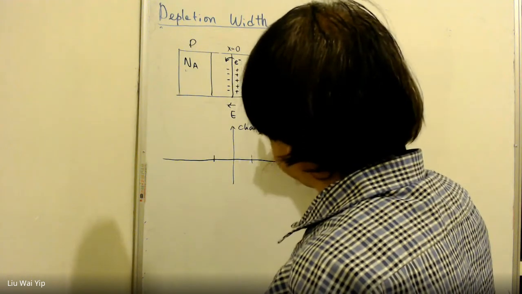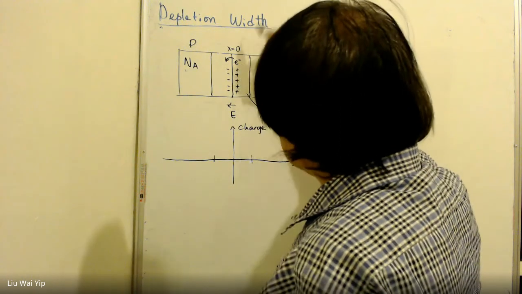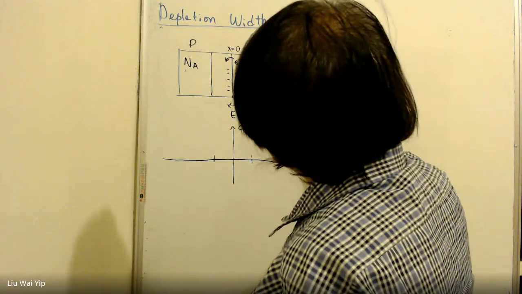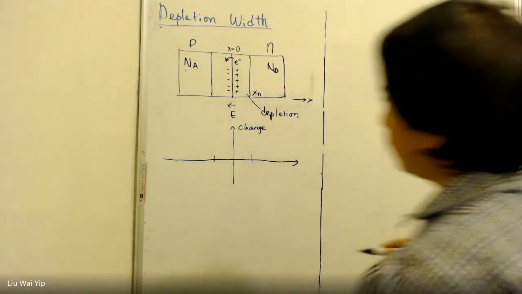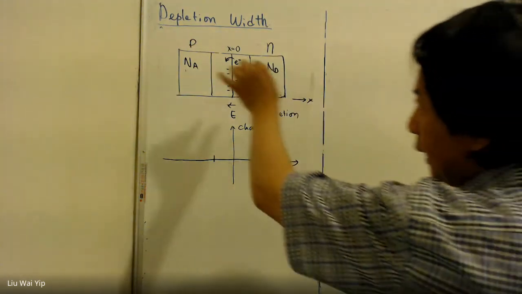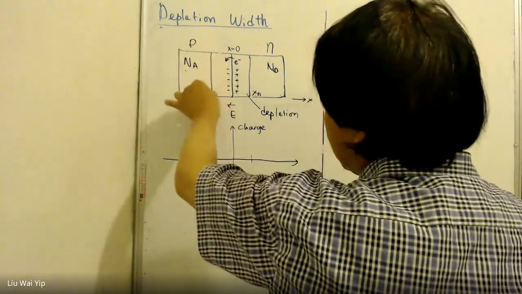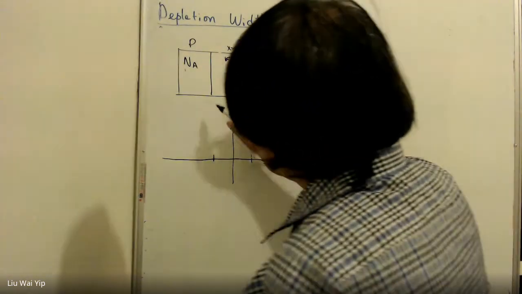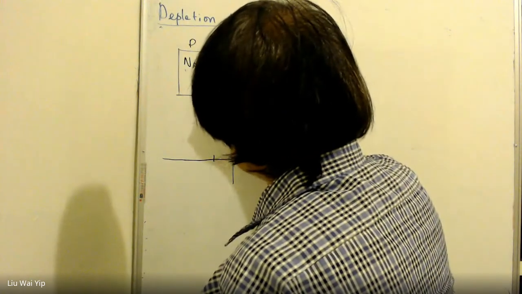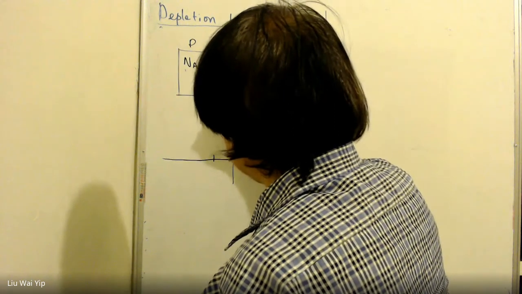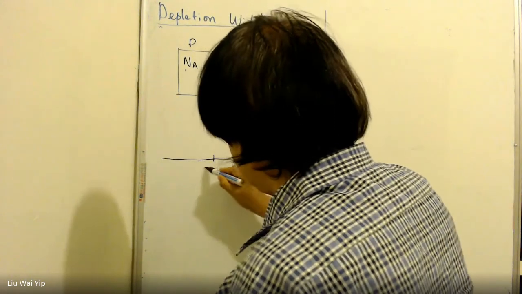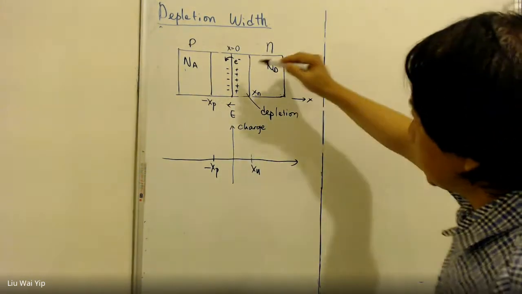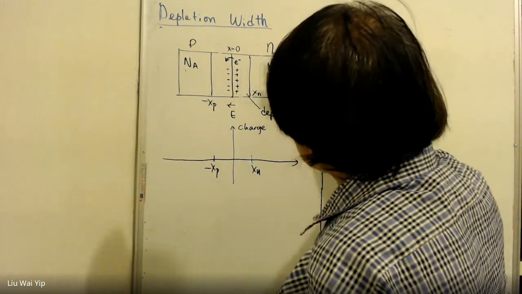We have the boundary of the depletion layer at xn in the N region, and the boundary of the depletion region in the P region is minus xp.